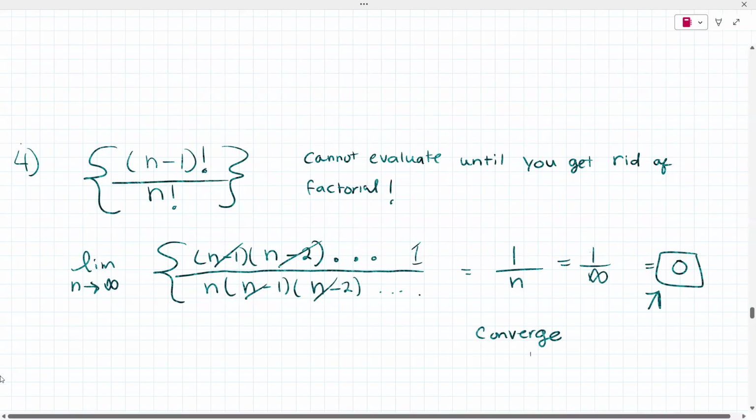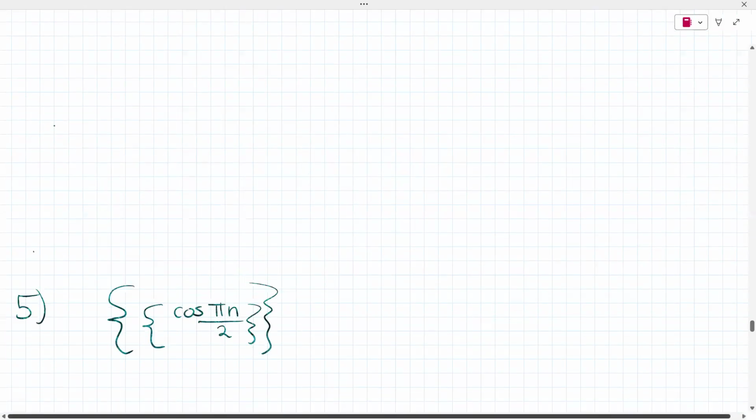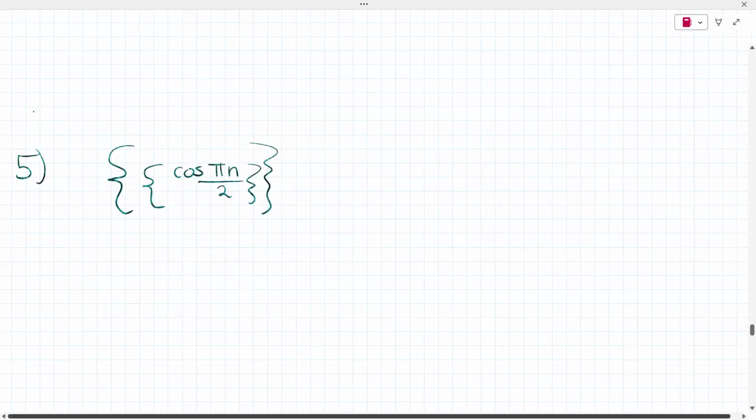Okay, let's move on to example 5. I don't know what this is. Oh, this is a cosine graph. So we can rewrite this as the limit as n approaches infinity of cosine of pi n over 2.